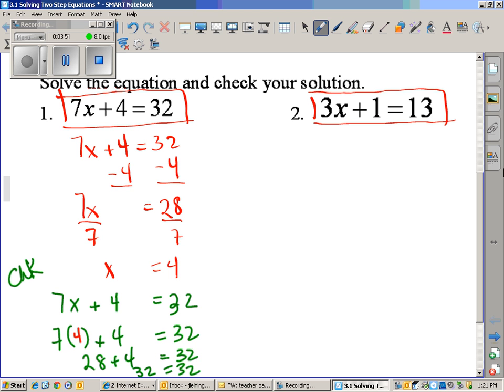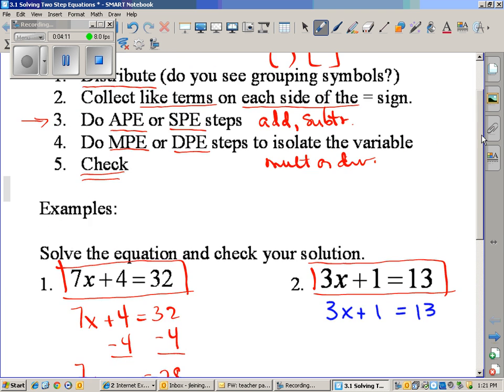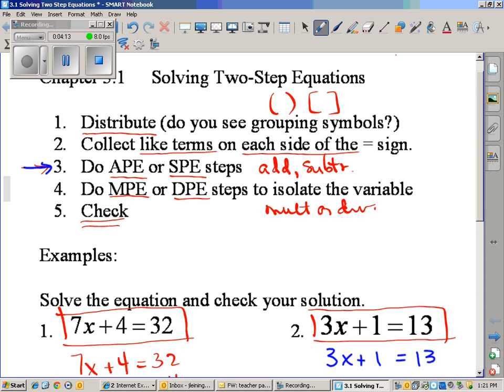Let's run through number 2. Let's rewrite it. Let's ask ourselves, do we see any distribution? No parentheses. And actually, the distribution, I'll just give you a clue, it doesn't come until section 3.2. So none of the problems that we do today are going to have distribution. My like terms are collected. So now I ask myself, I'm on step number 3 right here.